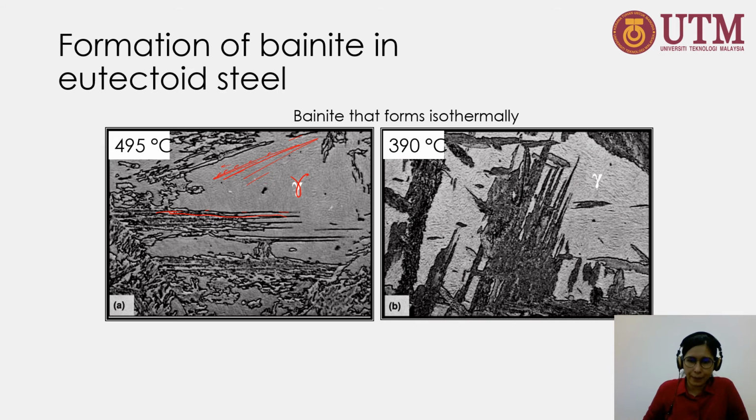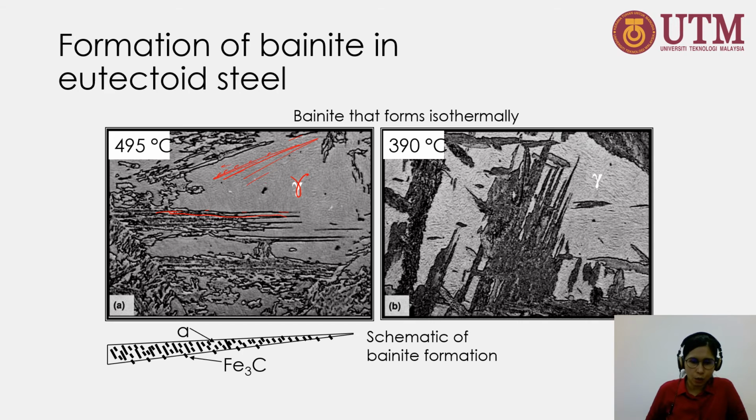Whereas for the lower bainite, you can see that during the transformation, the grain of ferrite here is much darker. This is because there is a lot of cementite compound inside the grain structure of the alpha ferrite. So this is lower bainite formation. So this first one is upper bainite.